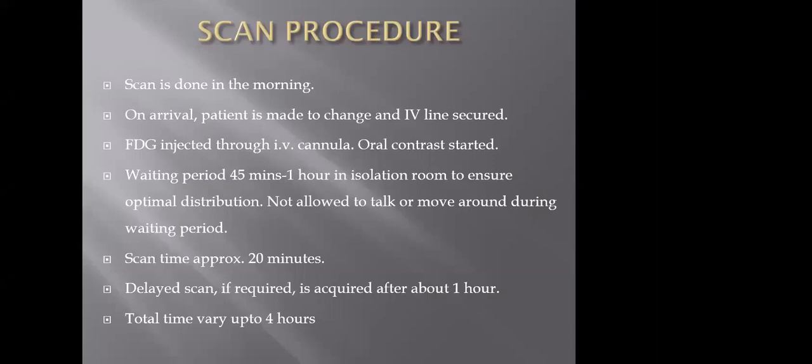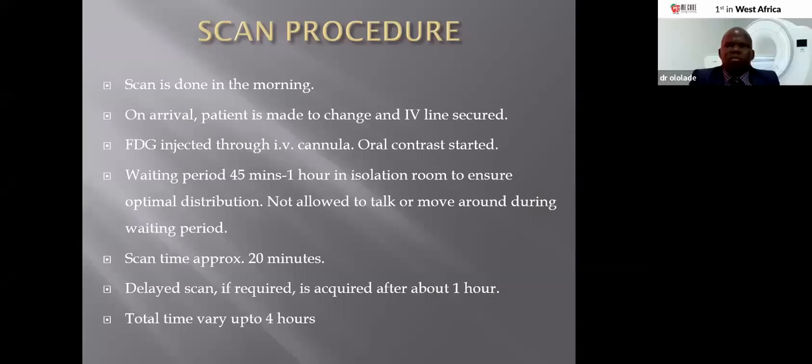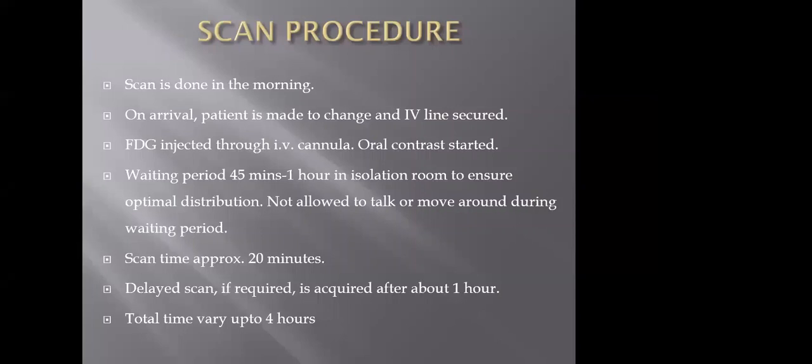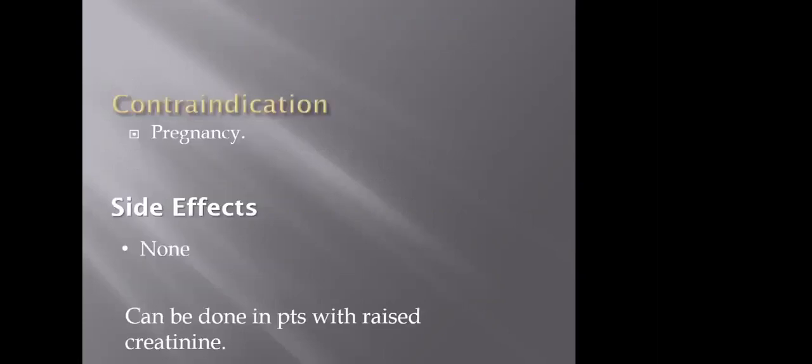Or if there is a tumor which is not very positive on the PET scan, we can also do delayed imaging, so that we allow the background to clear much better and the cancer gets highlighted easily. Roughly, the total time from the arrival of the patient to the completion of the scan varies between 2 to 4 hours.